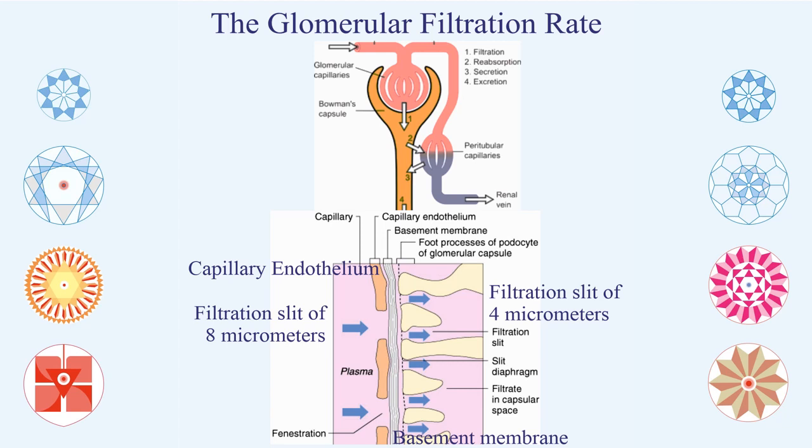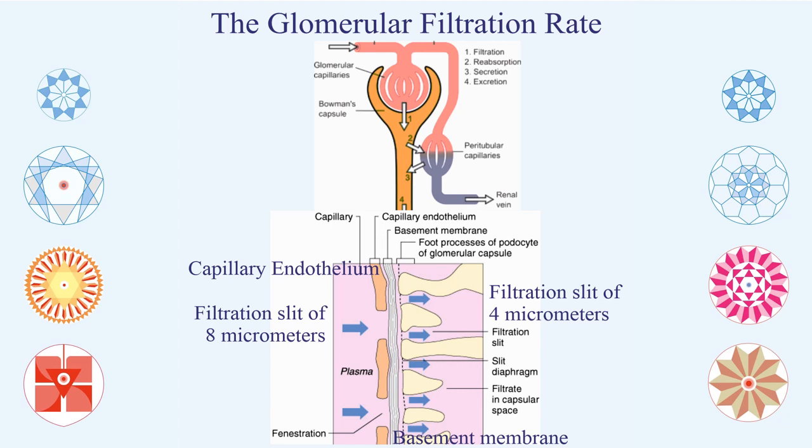But after that you have a third layer called the basement membrane of Bowman's capsule, which you see as a layer. Everything can pass through that. The next stage is the foot processes of podocytes of the glomerular capsule or Bowman's capsule.